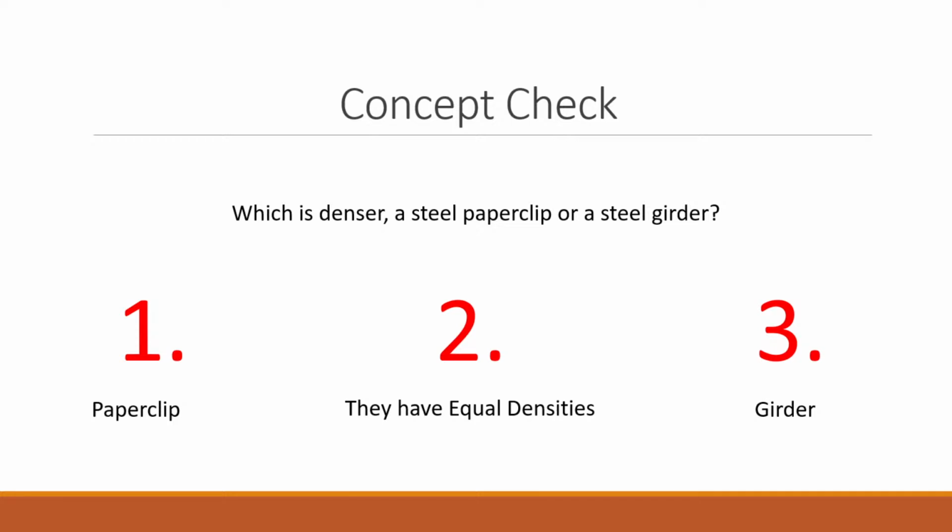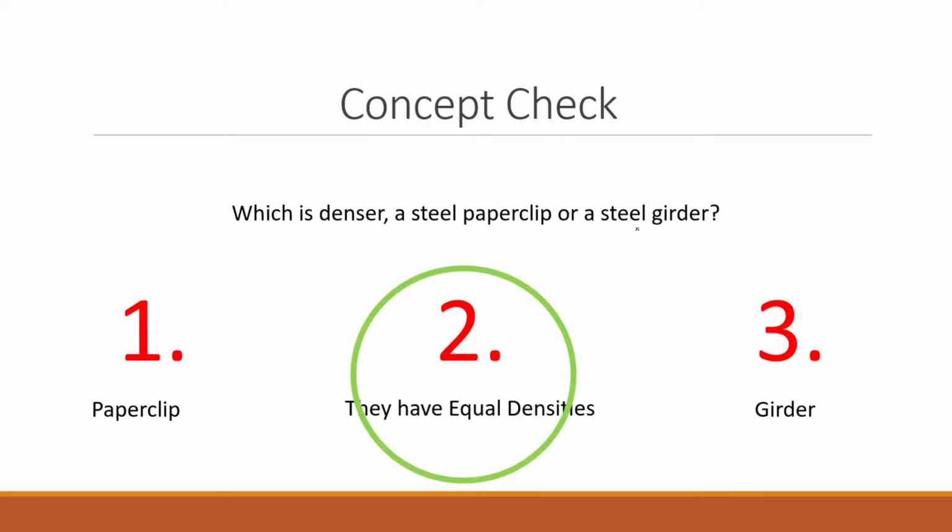Here, which one is more dense, a steel paperclip or a steel girder? And this is a trick question, right? Even though one is much bigger than the other, they do both have equal densities.